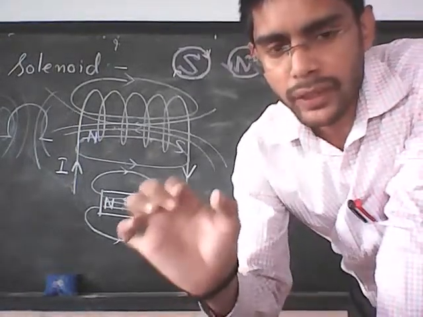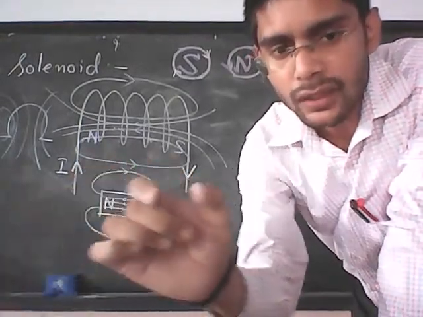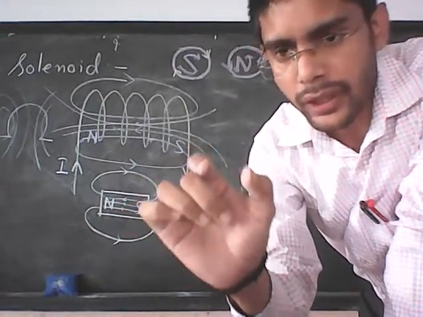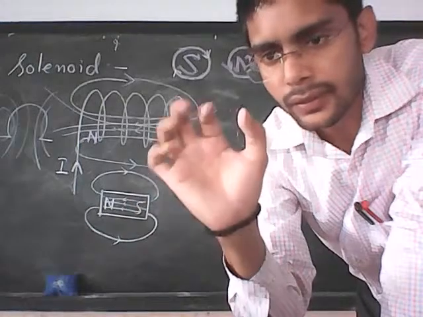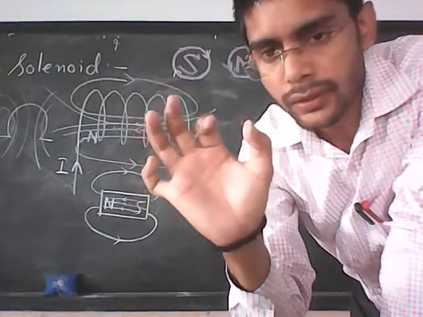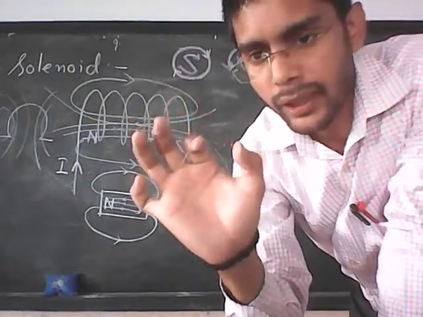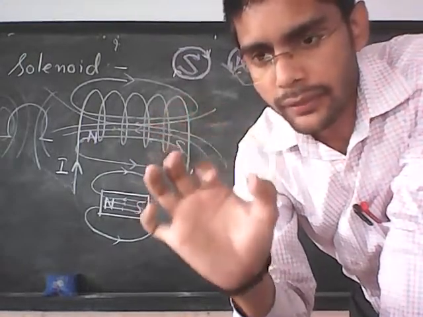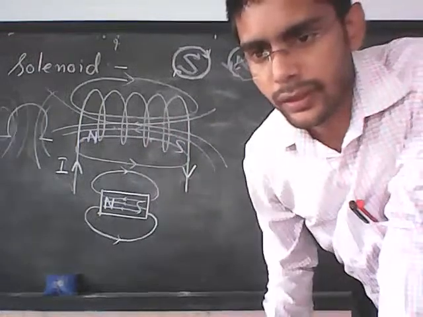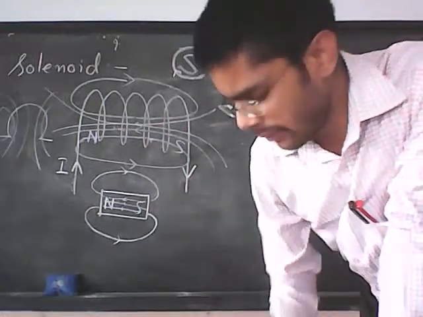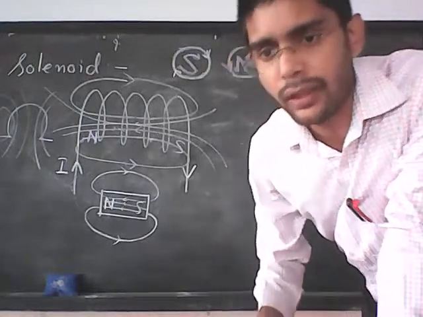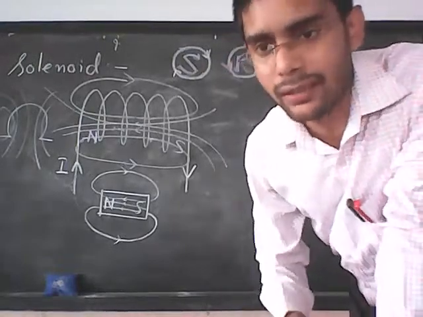See, what we can say is that this is a solenoid, and when the solenoid has any magnetic material in its core, it is known as an electromagnet. Sometimes the question can be asked, why do we prefer a soft iron core in an electromagnet, not steel?